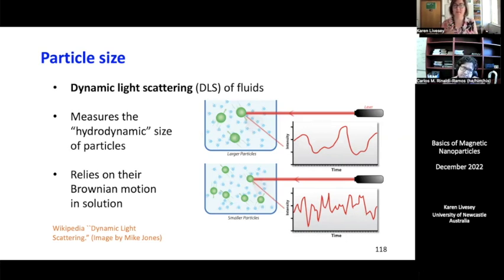And the fact that those variations are happening much faster here is an indication that these particles are smaller, and so their Brownian motion is more rapid, okay? So people can take these sorts of intensity versus time plots and process them to get an estimate for the hydrodynamic size of particles.